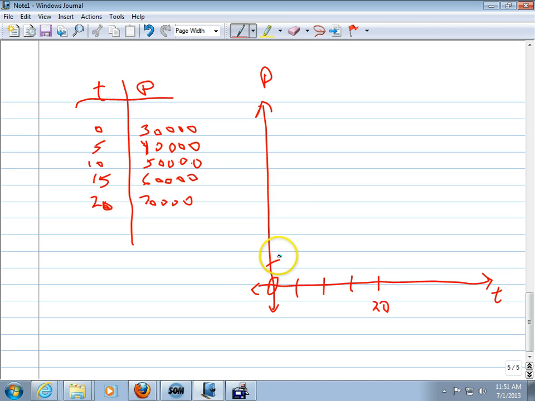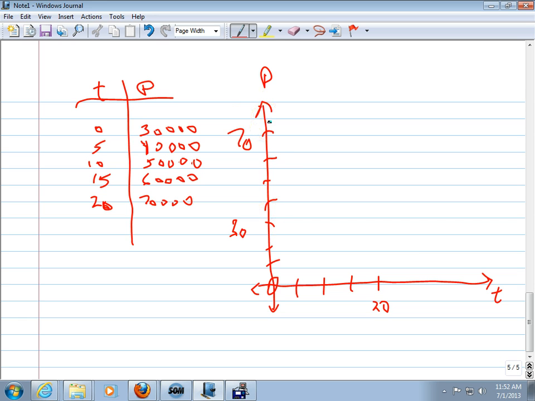All right, so let's say 1, 2, 3 is 30,000. 40, 50, 60, 70. So say the units on the graph really are in thousands of people, just to make it easy.